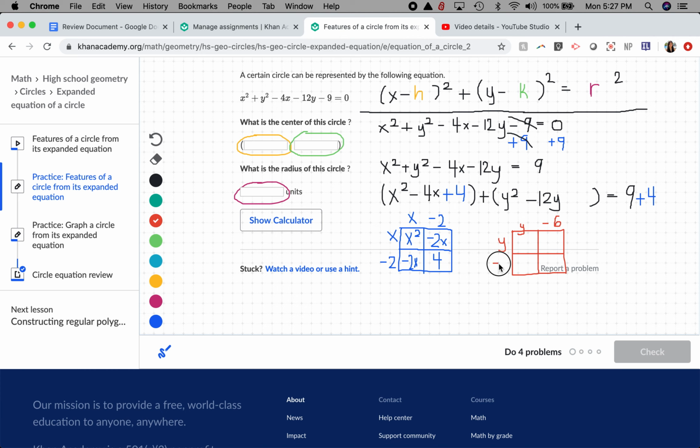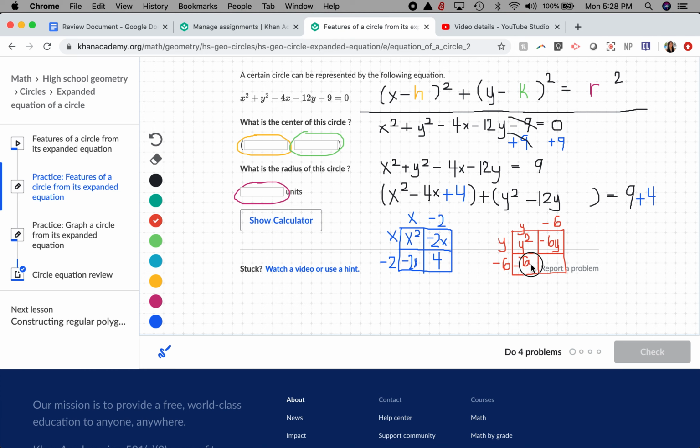So I'm putting that here. Okay. All right, let's multiply. Y times y will give us y squared. Negative 6 times y will give us a negative 6y. Negative 6 times y will give you again negative 6y.